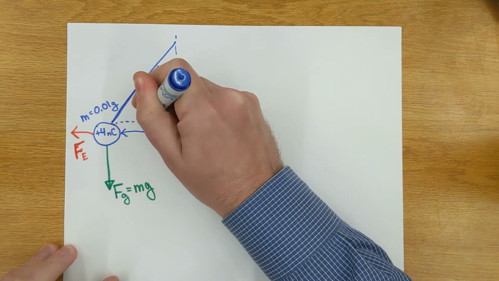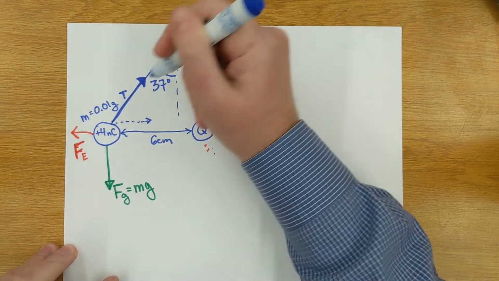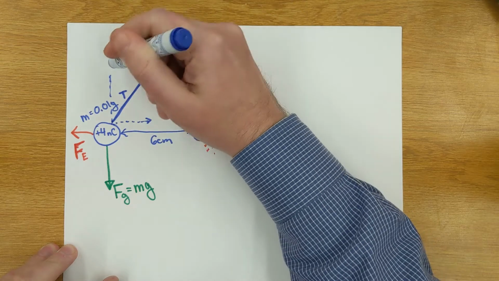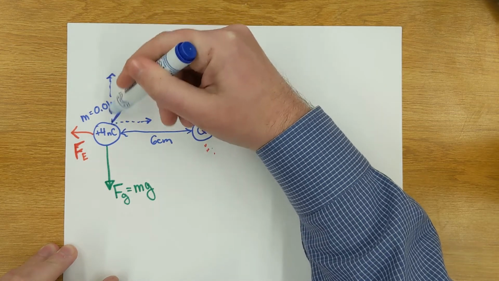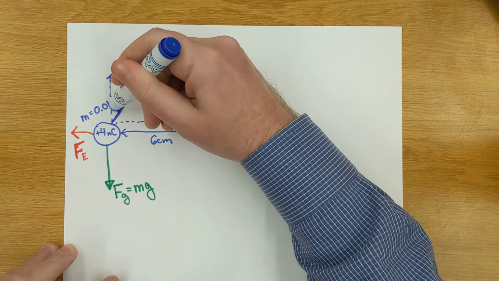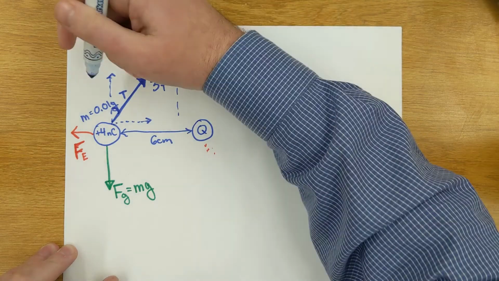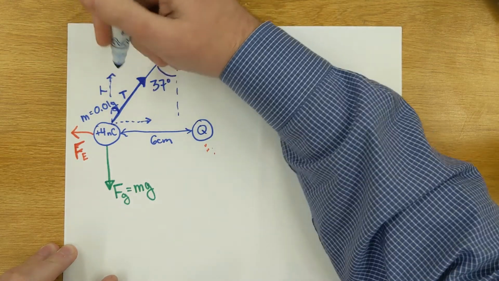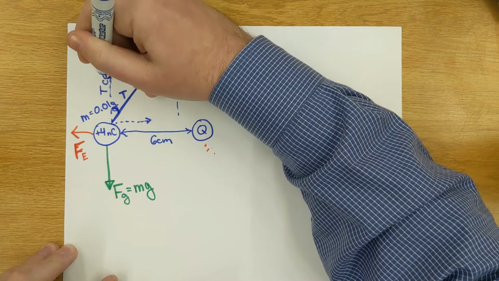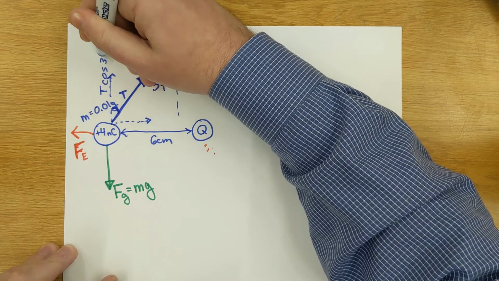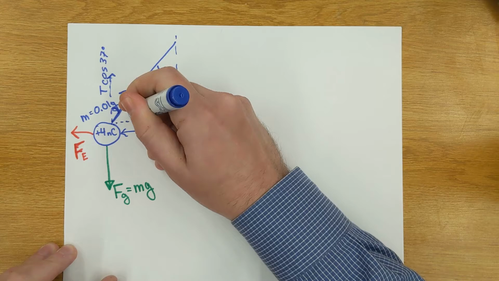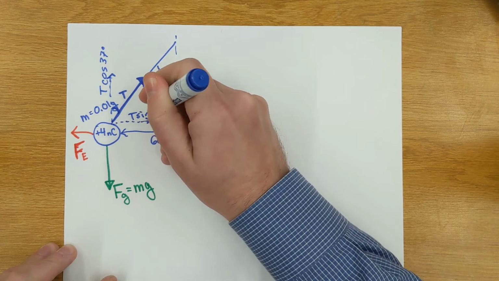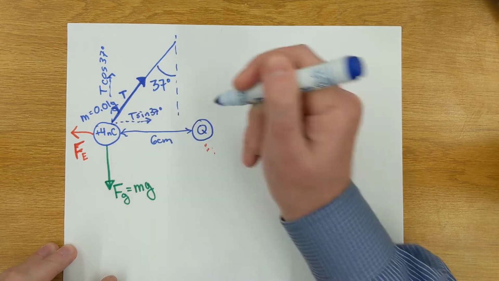One part that's only pulling this way. So if this is T, I'm breaking that into the adjacent side of this angle. If this is 37 degrees, I've got a 37 right here too. So right up here, adjacent to that angle, I'm going to have a T cosine of 37 degrees. And over here, of course, T sine of 37 degrees.